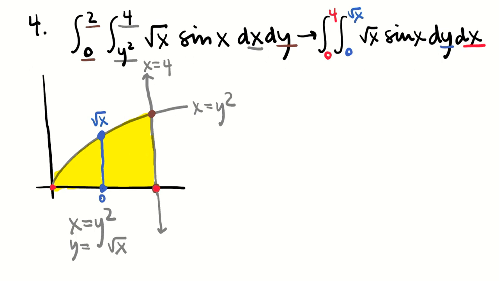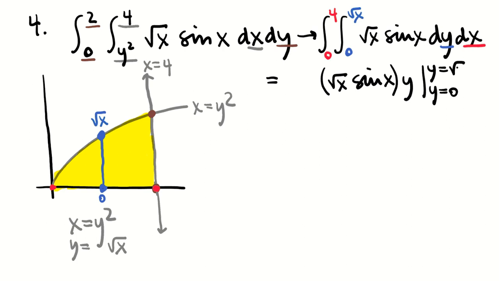Okay, I'm going to take an antiderivative, and that's going to be, with respect to y, square root x sine x y. I'll write it like that, as y runs from 0 up to the square root of x.